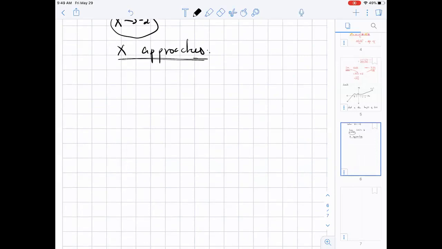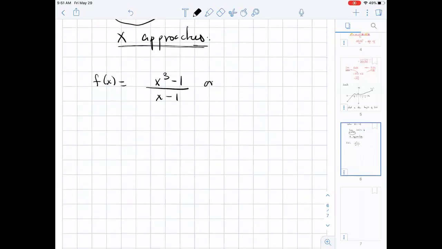A similar example that I told you, f of x, this was from the class notes. I think I used x cubed minus 1, actually I didn't use this one, but let's use this one: x cubed minus 1. Or if you want, you can write x minus 1 times x squared plus x plus 1, over x minus 1.